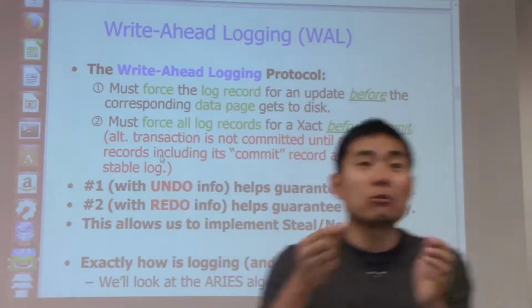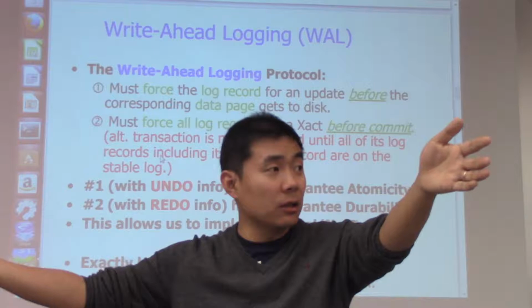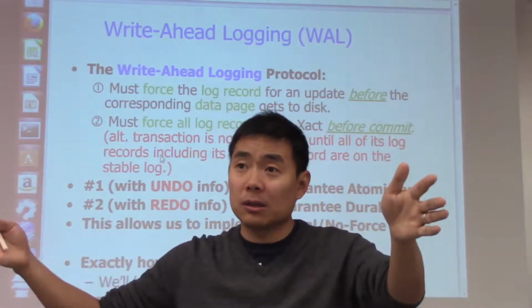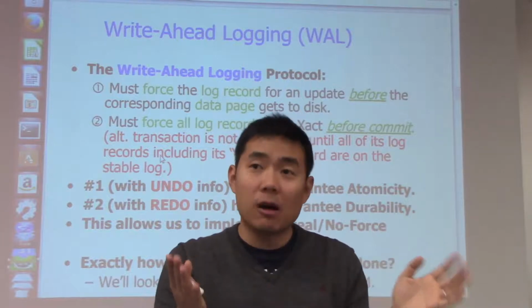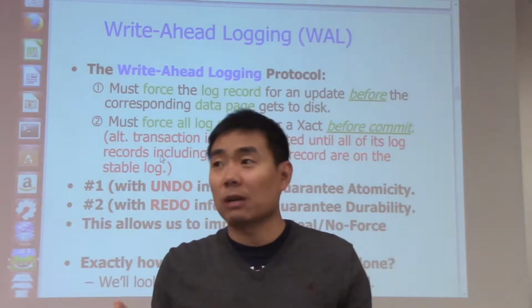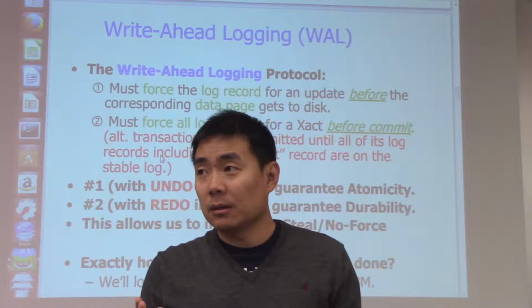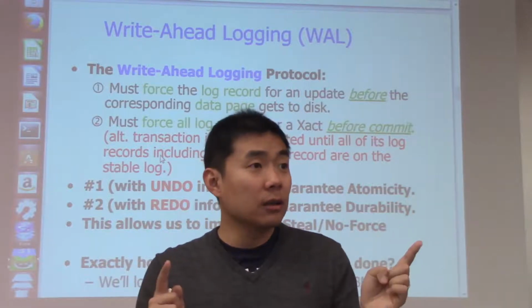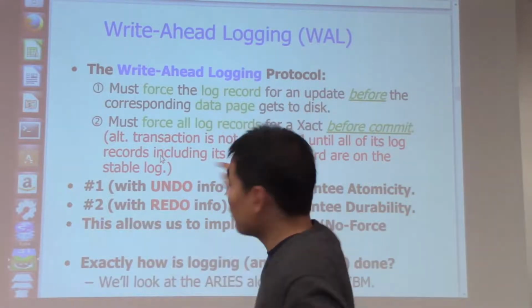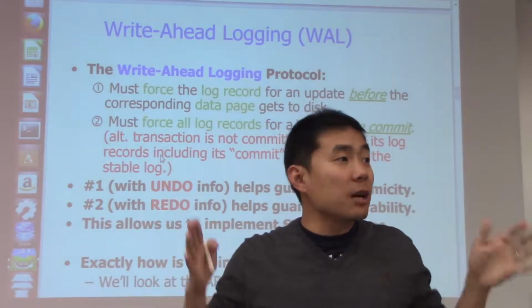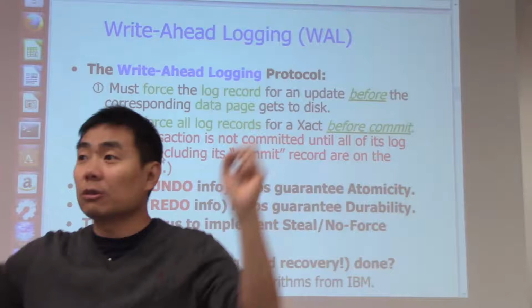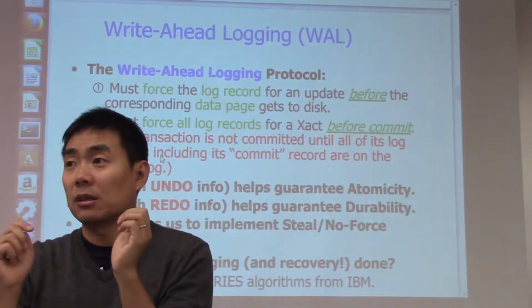So you are talking about writing 100 dirty pages, and those are random writes, versus writing a single page or a few pages of log records, and those are sequential writes. Do you guys follow me? So this modified version of the force policy is going to be much more efficient than doing the original force policy on the dirty pages.